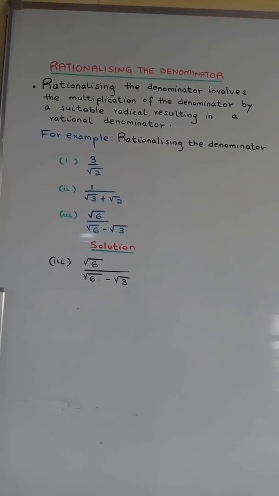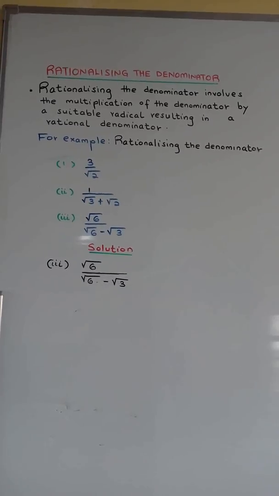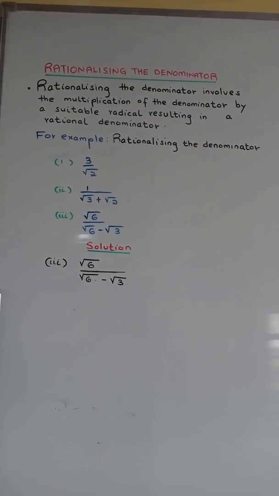Rationalize radical 6 over radical 6 minus radical 3.